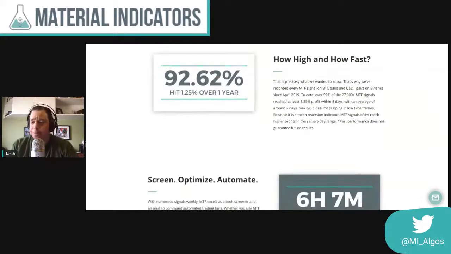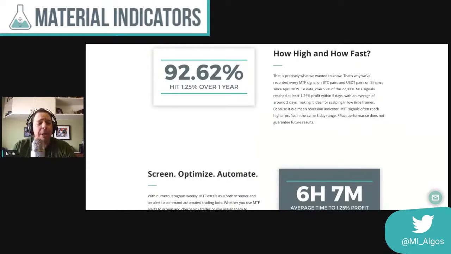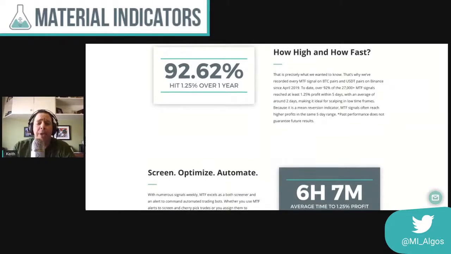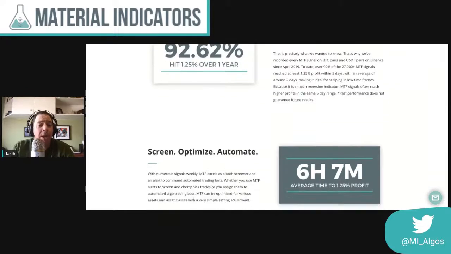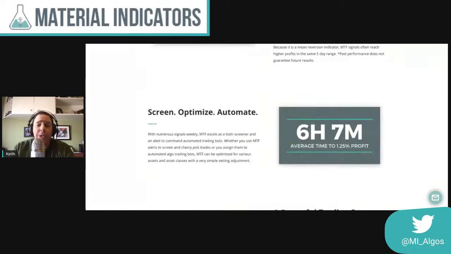Obviously, it's important to practice risk management and make sure that you're not putting yourself in a bad situation, because some of them do have some drawdown. But the lion's share are reaching 1.25 or higher within a 5-day range, and the average is probably around a 2-day range.